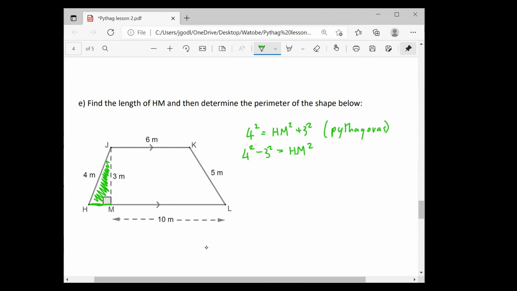We're going to just chuck that into our calculator. 4 squared minus 3 squared equals 7, which means that HM is equal to the square root of 7, which is 2,65 meters. Okay, so this little green dude over there is 2,65.